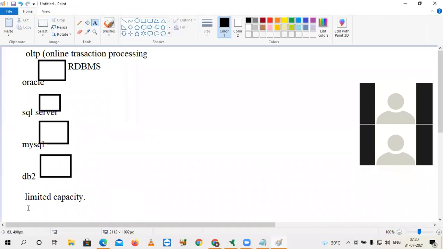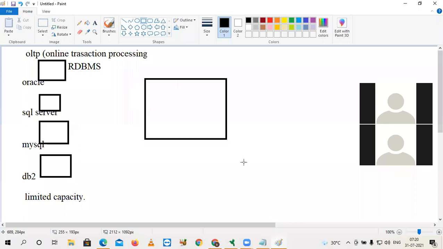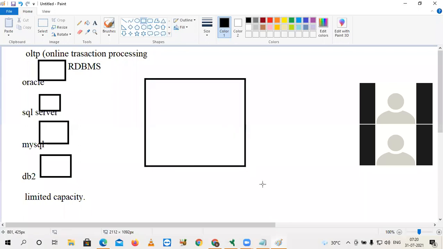Suppose your organization has been running for the past 25 years. All 25 years of data is not available in these OLTP systems. For that, you need one more powerful system, which is called a data warehouse system.